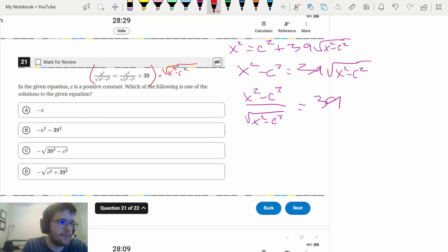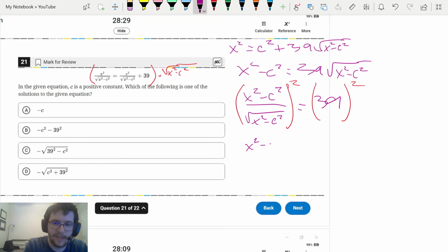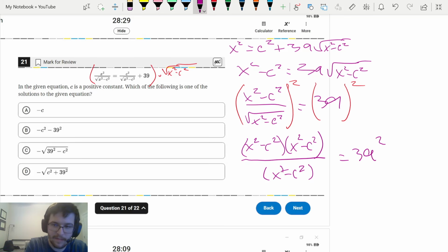Now we got a square root, so we're going to square both sides. We get x squared minus c squared times x squared minus c squared, that would be x squared minus c squared squared. And then the square root goes away on the bottom, so you also get x squared minus c squared, and you get 39 squared.